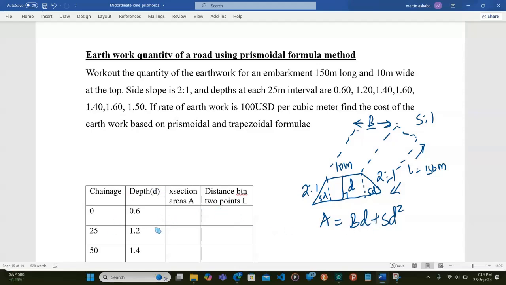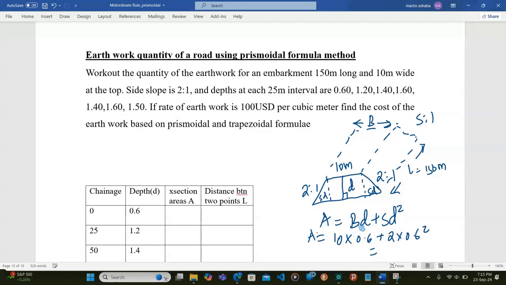So let's go. If we have chainage 0, the depth is 0.6, and therefore the area is going to be, I need to substitute, B is 10 times D, which is 0.6, plus S, which is 2, times 0.6 squared.